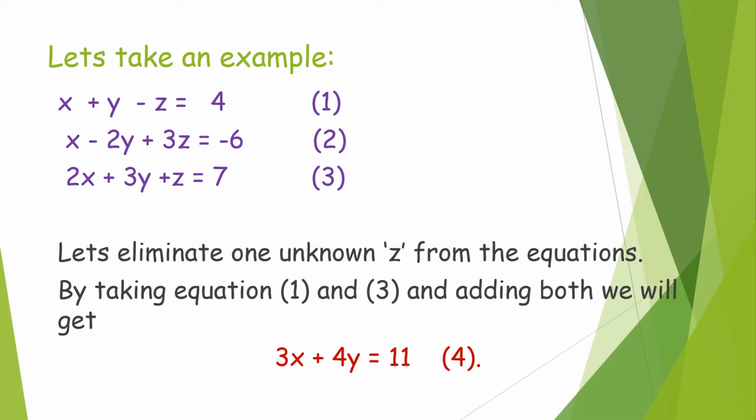Let us add equation 1 and equation 3. Then we will get x plus 2x is equal to 3x, y plus 3y is equal to 4y, minus z plus z gives 0. So z gets eliminated. 4 plus 7 will give 11. So we will form a new equation, a fourth equation, that is 3x plus 4y is equal to 11.